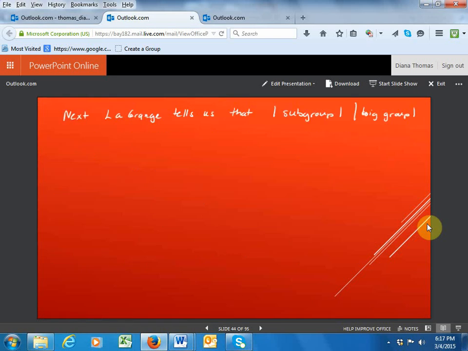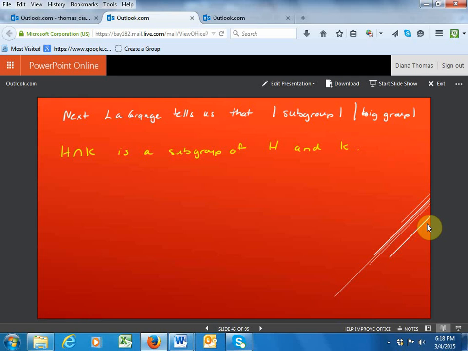Next, Lagrange tells us that the order of a subgroup must divide the order of the big group. So H intersect K is also a subgroup. It's a subgroup of the big group G, but it's also a subgroup of the mini groups H and K. You can think of it that way, right?